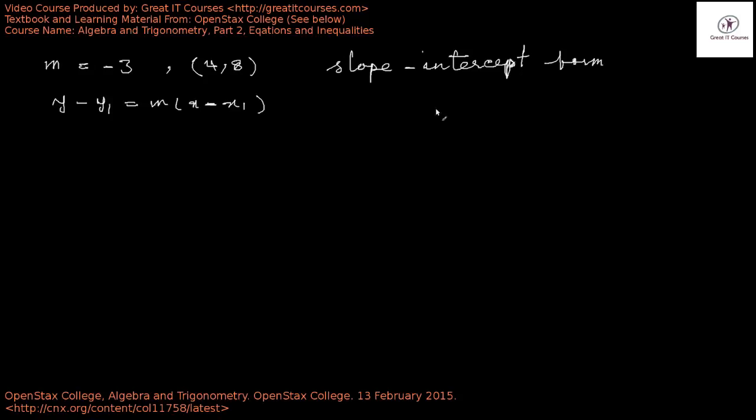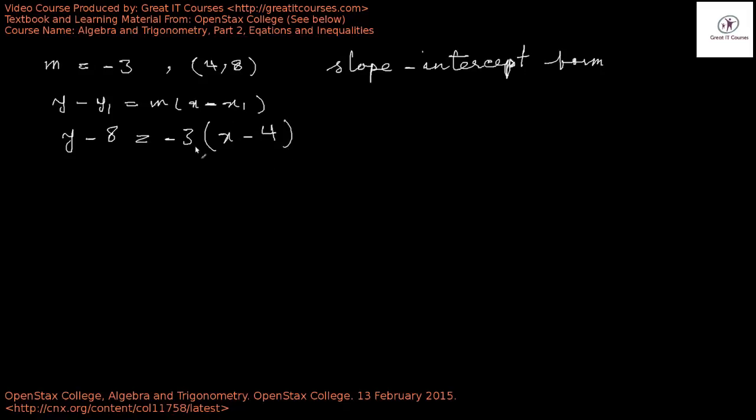So here you can simply substitute. You can write this as y minus y1, which is 8, is equal to -3 as m into x minus x1, which is 4.